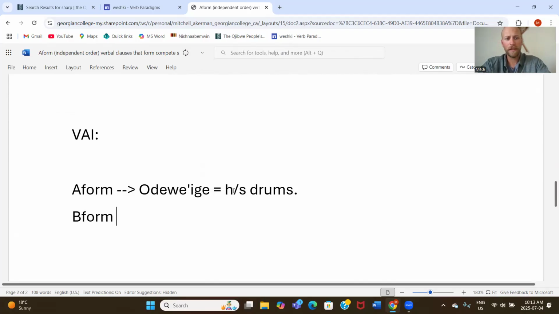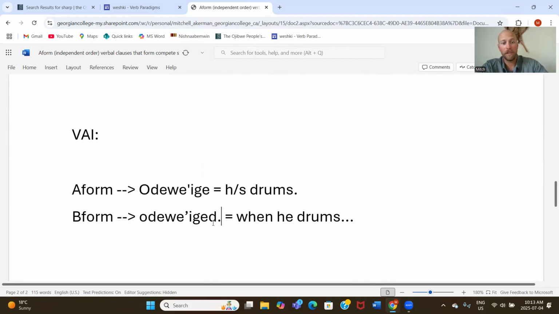In B form, odewege, I need to do something to it. I need to change it in some sort of way so that it's obvious to the listener that it's in B form. So I have to add a conjunct ending. For the third person singular, it's a D. Okay. And then this gives us not he or she drums, but kind of like when he drums, dot, dot, dot, right?